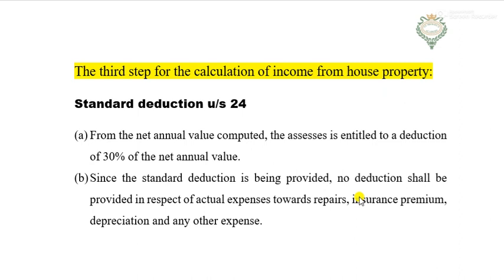If I have more than one house property, you'll assume that I have given the property on rent and you take the taxes from me for income from house property. What if I incur expenses in the house? Right, we all incur expenses in the house, for what? For repair of something, for renovation of something, and other things.